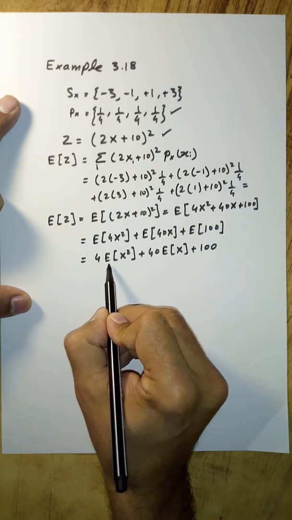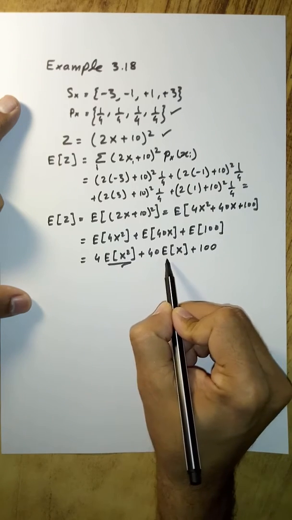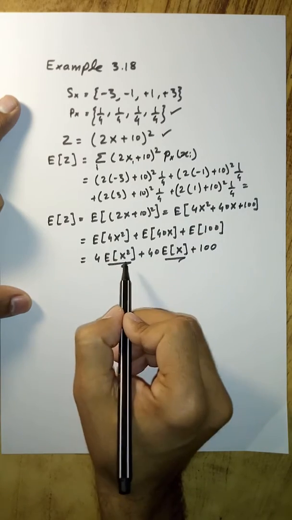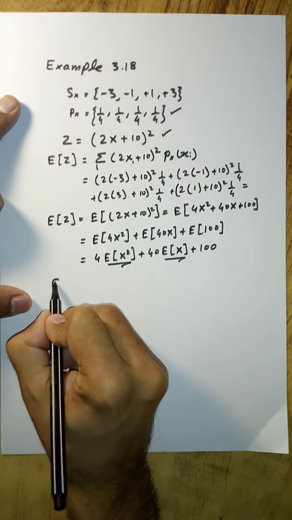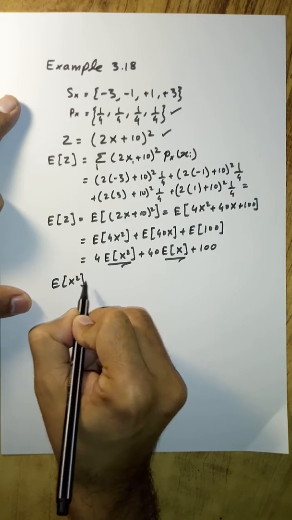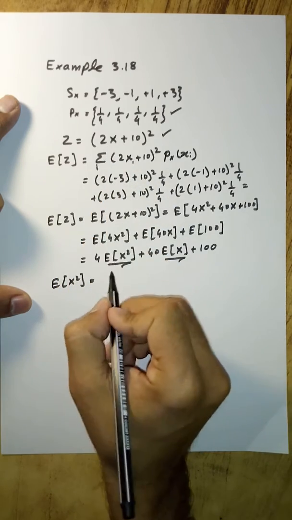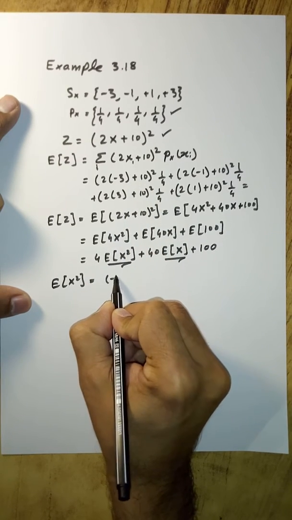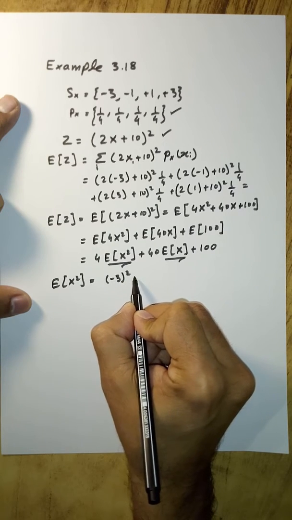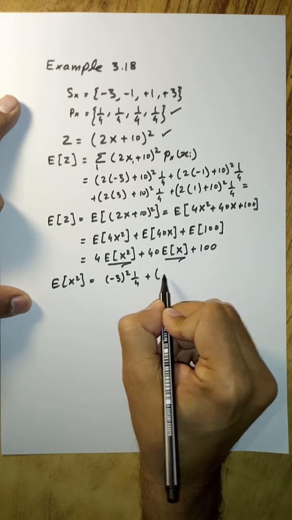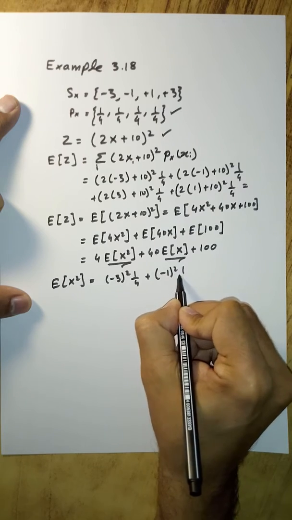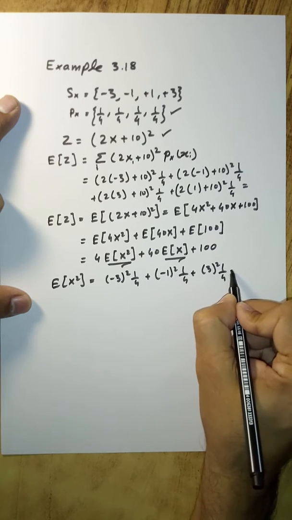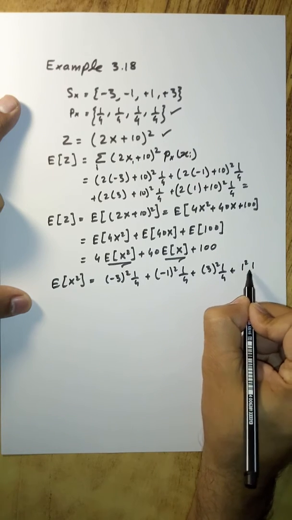Now we have to find the expected value of x squared and the expected value of x, which will be easier. The expected value of x squared uses the same formula: the first value of x, which is -3 squared into 1 over 4, plus -1 squared into 1 over 4, plus 3 squared into 1 over 4, plus 1 squared into 1 over 4.